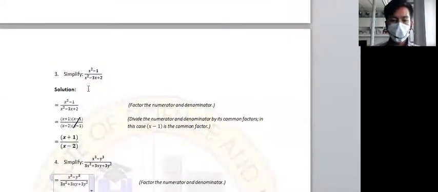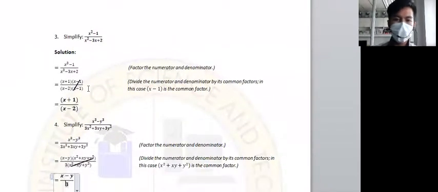So example number 3, we need to simplify x squared minus 1 all over x squared minus 3x plus 2. So first we need to factor the numerator, then factor the denominator. So factor of x squared minus 1 is equal to the quantity x plus 1 multiplied by the quantity x minus 1.